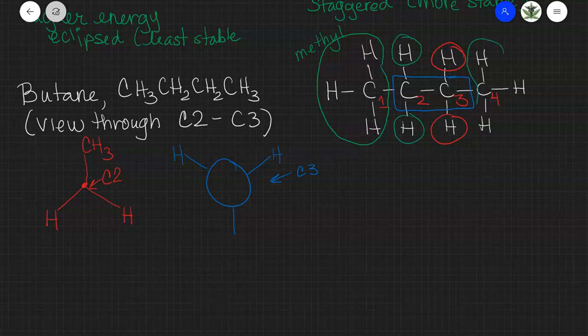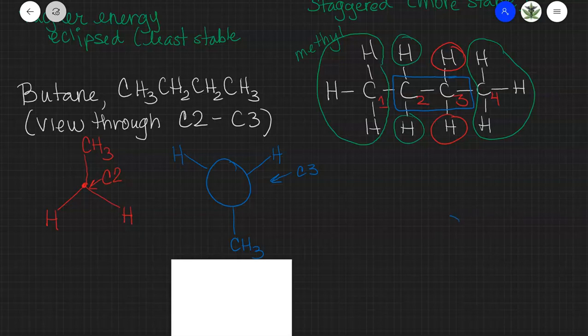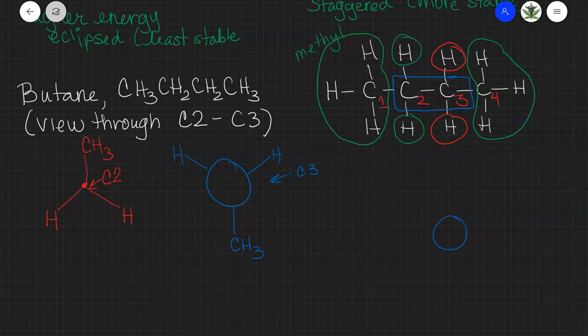And then we also have a methyl group. So let's go ahead and put that at the bottom. So let's put the two pieces together. We're going to start with our back carbon. And then on top, we want to put our front carbon.